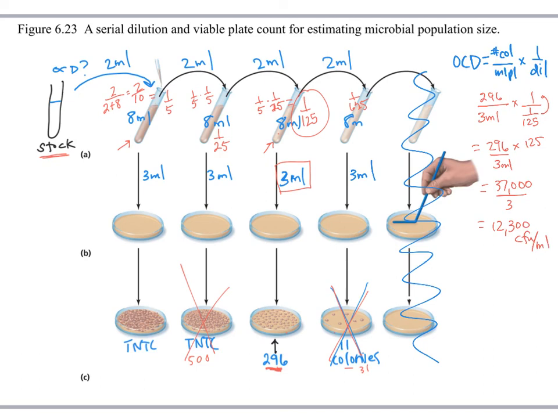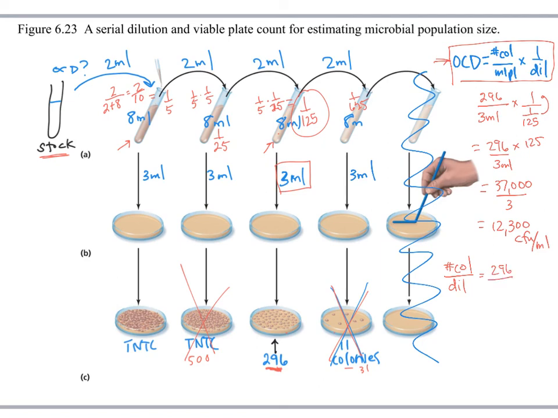Another way, maybe you're bad at remembering formulas, because if you saw this on an exam, I wouldn't be helping you by giving you this formula. If you can just remember, I'm going to take my number of colonies and divide that by the dilution. In this case, that's 296.